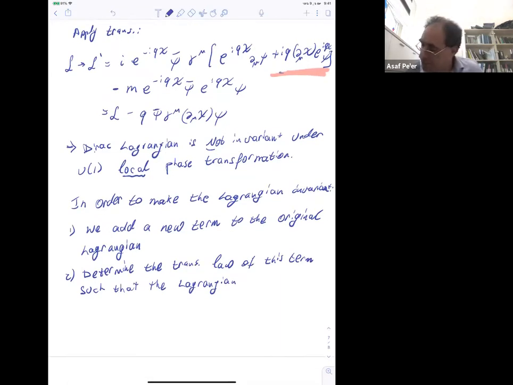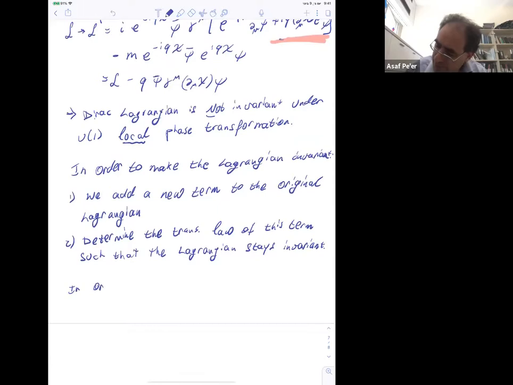This is pretty much what we did when we derived the Dirac equation in the first place: we chose some transformation law of the spinor psi such that the Dirac equation is invariant under Lorentz transformation. So the required gauge invariance can be restored if we replace the derivative d_mu of a free particle with a covariant derivative.